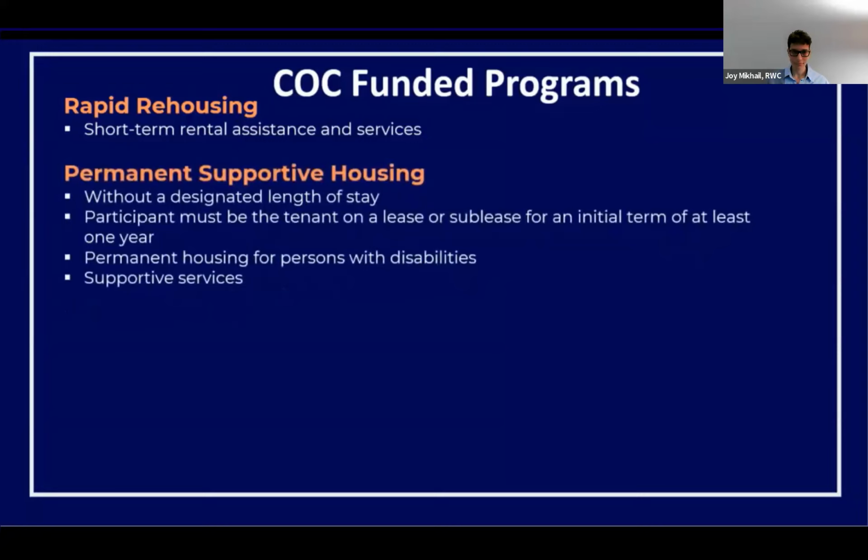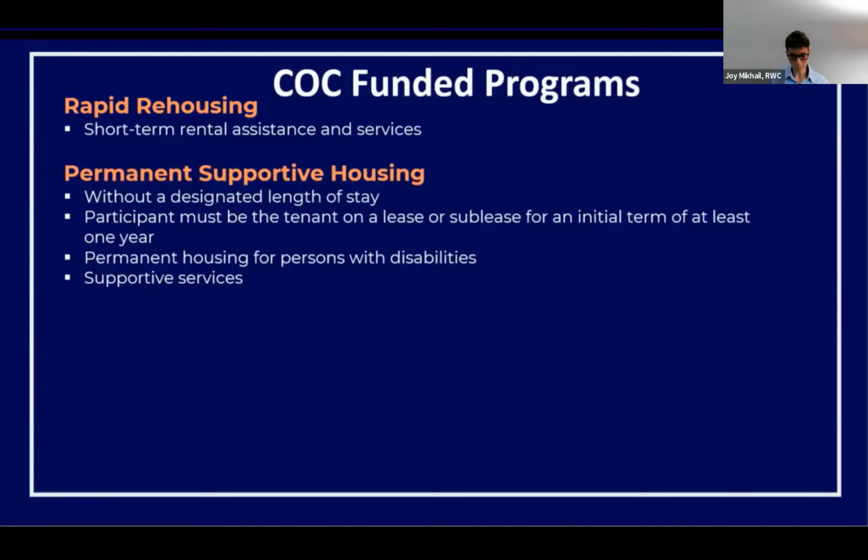Another program that a non-citizen could possibly qualify for, if it's available through the CoC, is permanent supportive housing. Permanent supportive housing is housing in which assistance could be long-term. It can be long-term leasing or rental assistance, and supportive services are provided to assist households with at least one member, adult or child, with a disability in achieving housing stability.